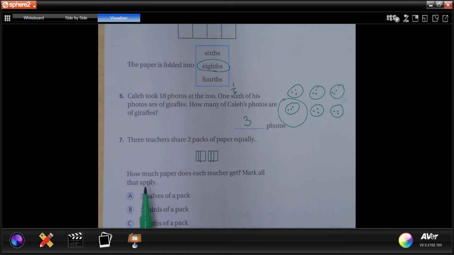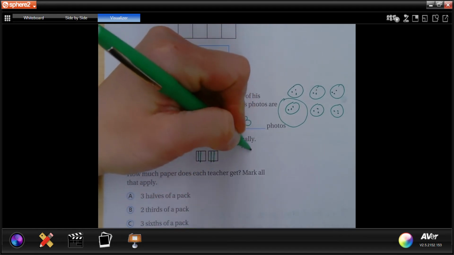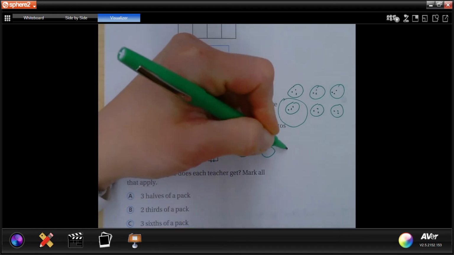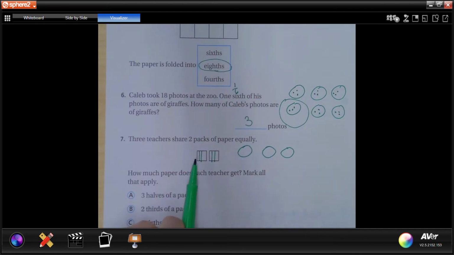So we look here and we know that each teacher gets, there are 3 teachers, and how many pieces are there altogether? 1, 2, 3, 4, 5, 6.